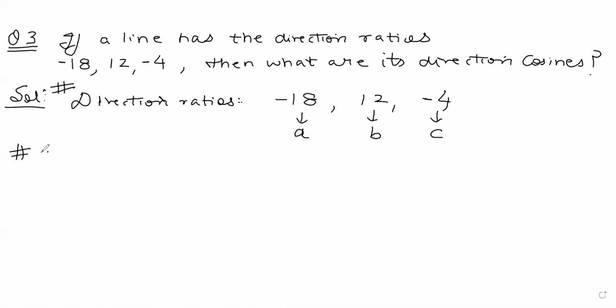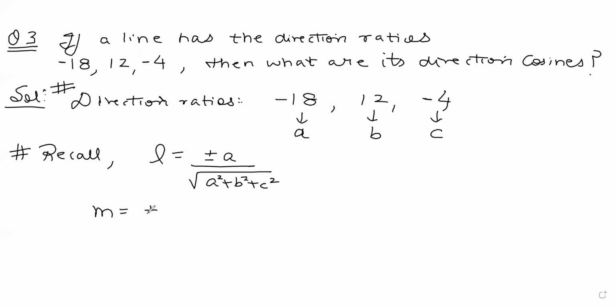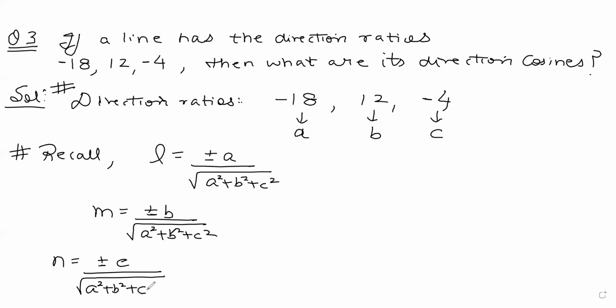So recall that L is nothing but plus minus A upon the square root of A square plus B square plus C square. M is equal to plus minus B upon the square root of A square plus B square plus C square. N is equal to plus minus C upon the square root of A square plus B square plus C square.